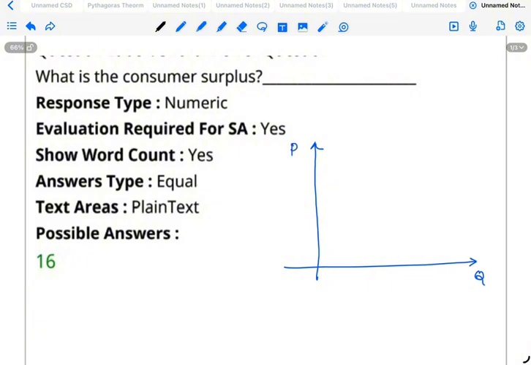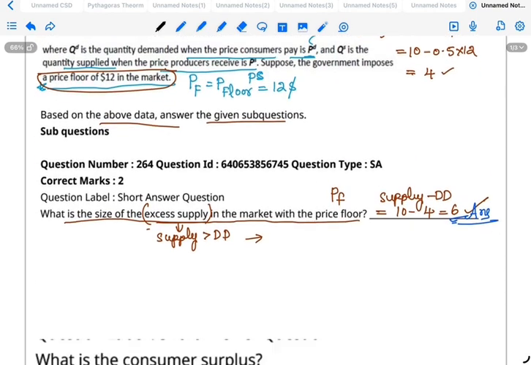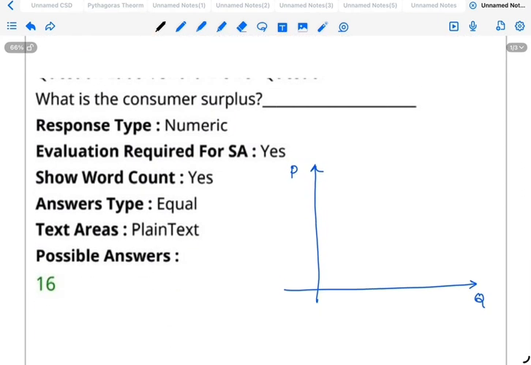The demand curve is given: 10 minus 0.5 PD. So the demand function is QD equals 10 minus 0.5 PD.